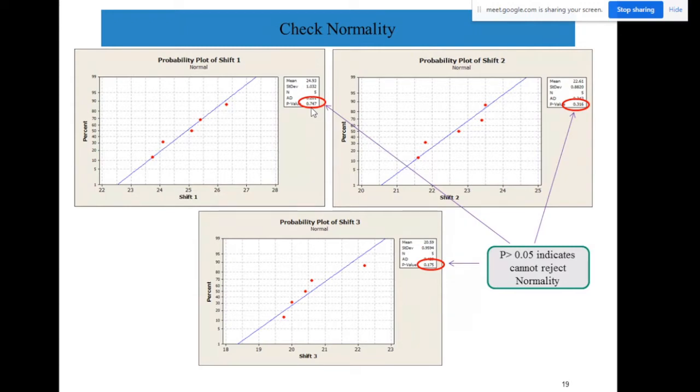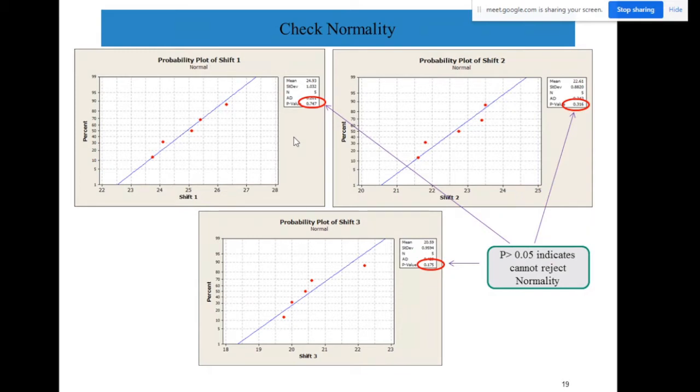If the p-value is less than 0.05, data is not normal. The p-value is a probability, and 0.05 indicates the 5% risk. So 0.74 means there is a 74% chance that if you go for more samples, the data will have a normal distribution. I hope everyone is aware of the normal distribution curve.